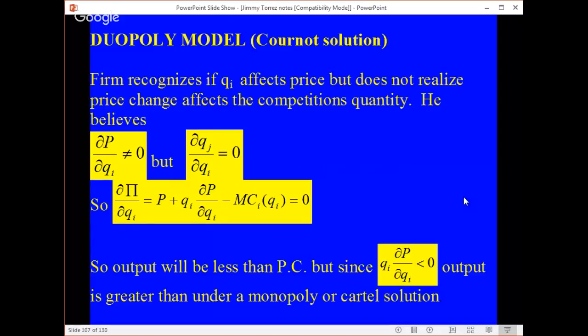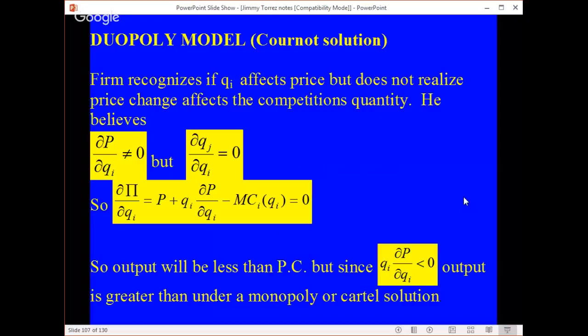So, most economic models for an oligopoly do a simulated duopoly. All that means is there's an oligopoly with two firms. Cournot is a French economist from the 17th century, I think.